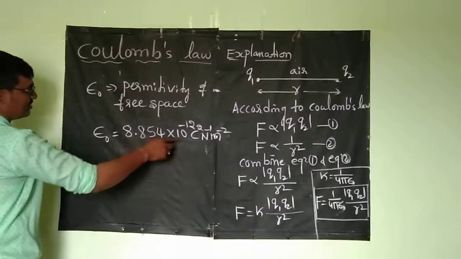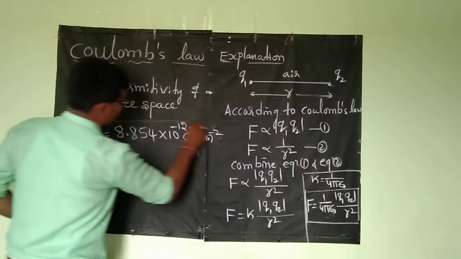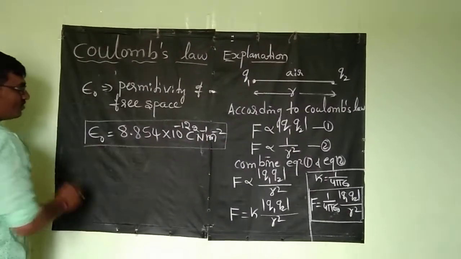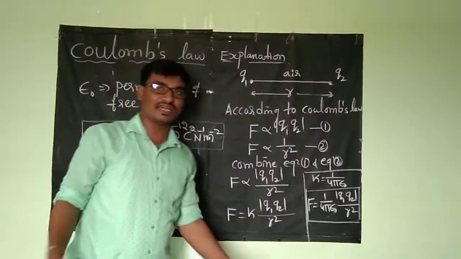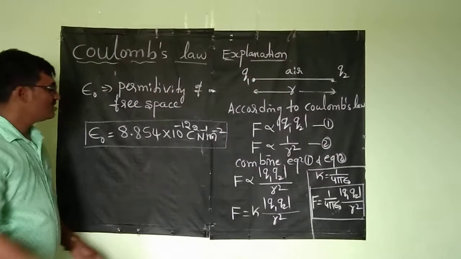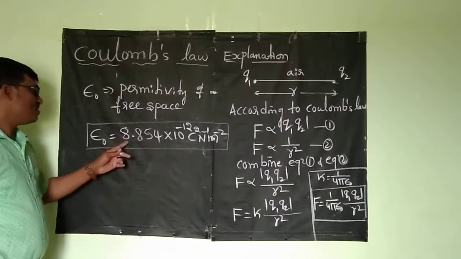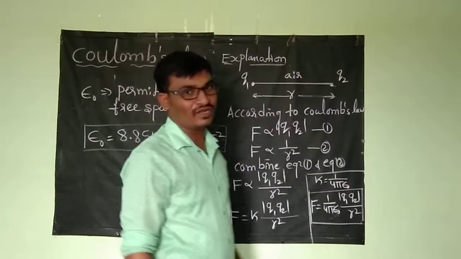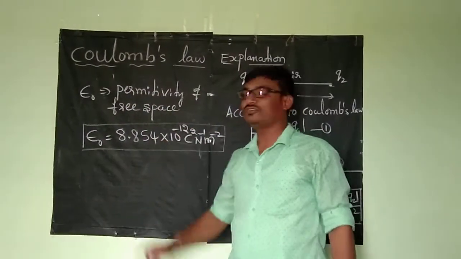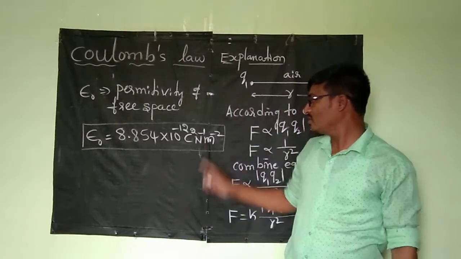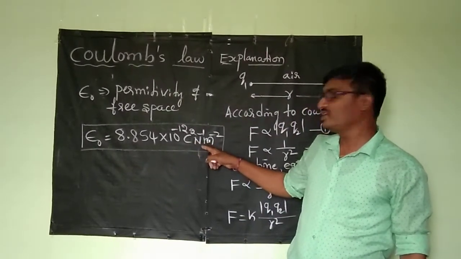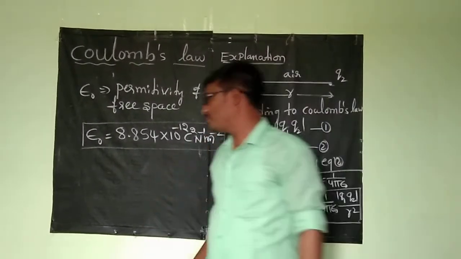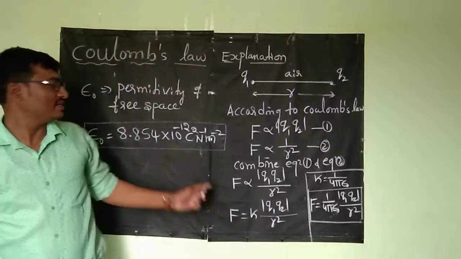This is the epsilon naught constant value. When solving problems, if epsilon naught value is not given, you have to remember its value: 8.854 into 10 to the power minus 12 Coulomb square for Newton and meter square.